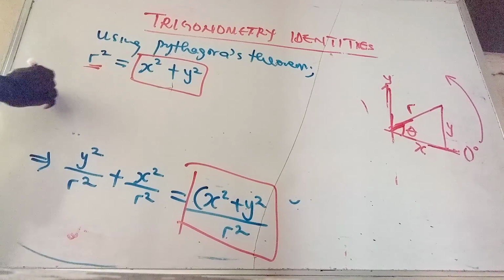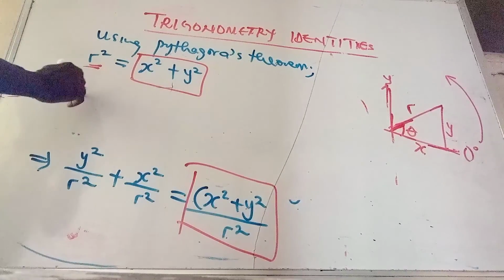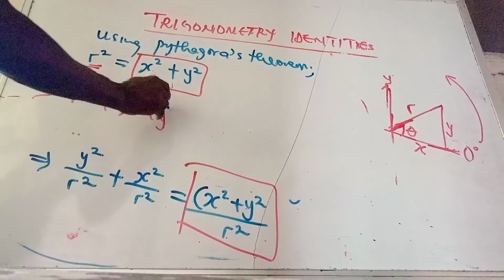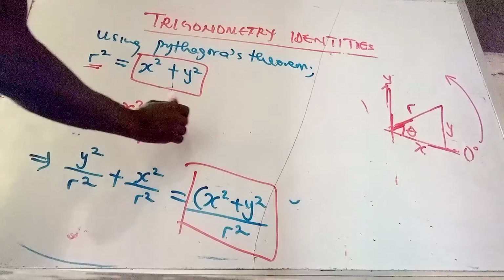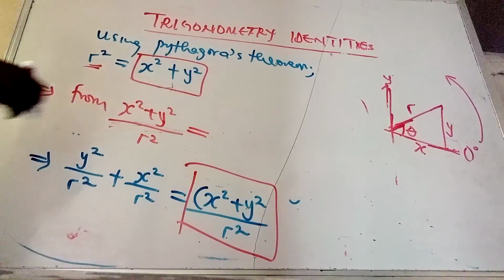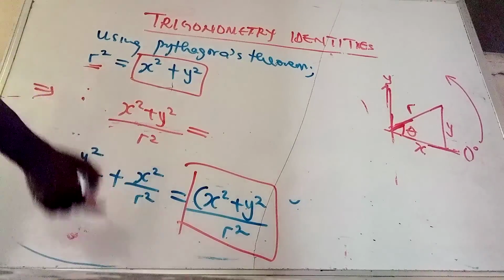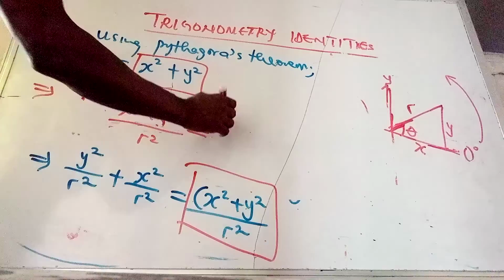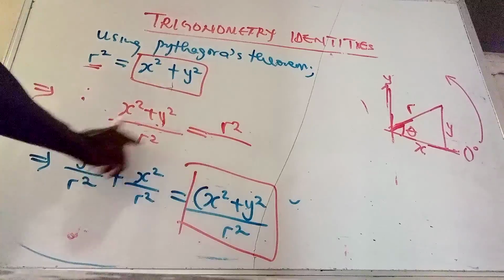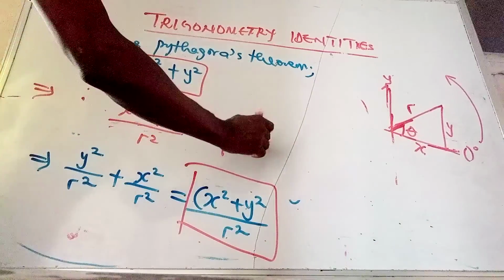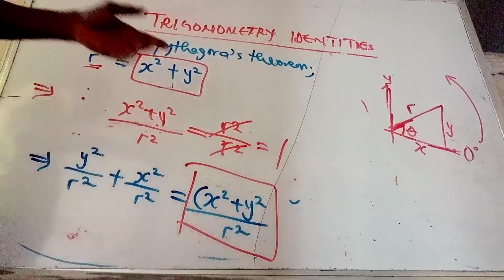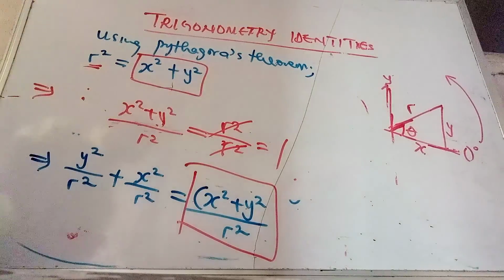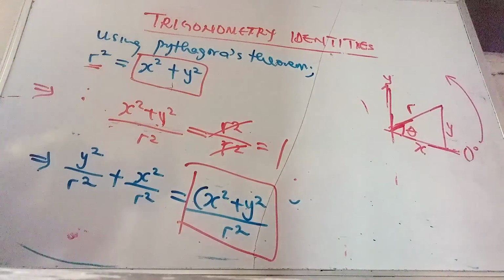So this implies from x squared plus y squared over r squared, that will now be equal to x squared plus y squared, which is r squared, over r squared. And what does that give me? 1. R squared cancels r squared. That is how to prove the second identity, sin square theta plus cos square theta equals to 1.